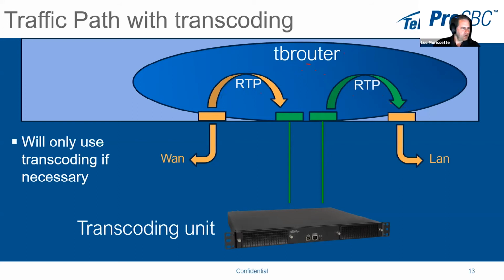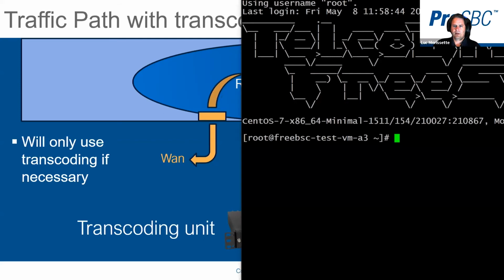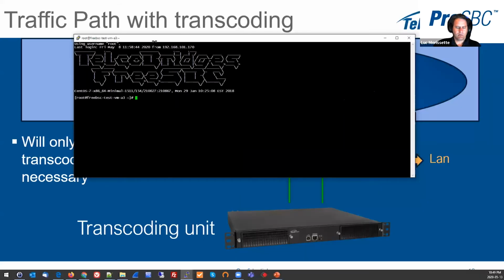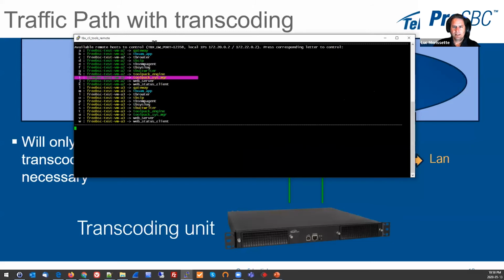Let me just show you that quickly because it can be interesting to see. Let me connect to this one. So again, you can see it from the web portal, but you can also see it from these TBX CLI tools.